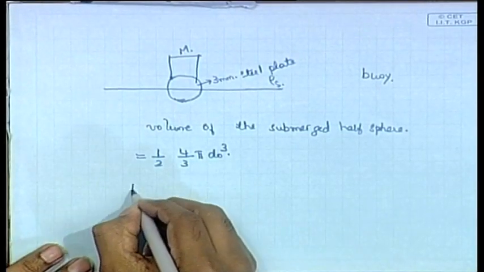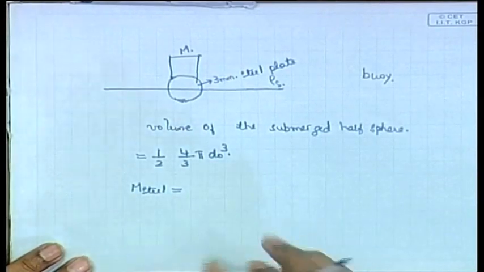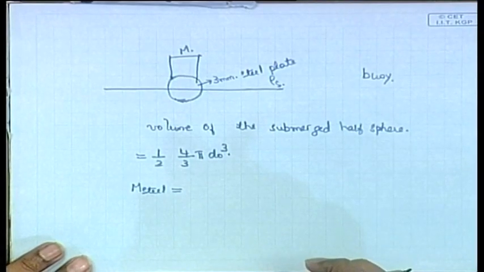Now, first let us find the mass of steel. Is there a problem? 4 by 3 pi r cube.